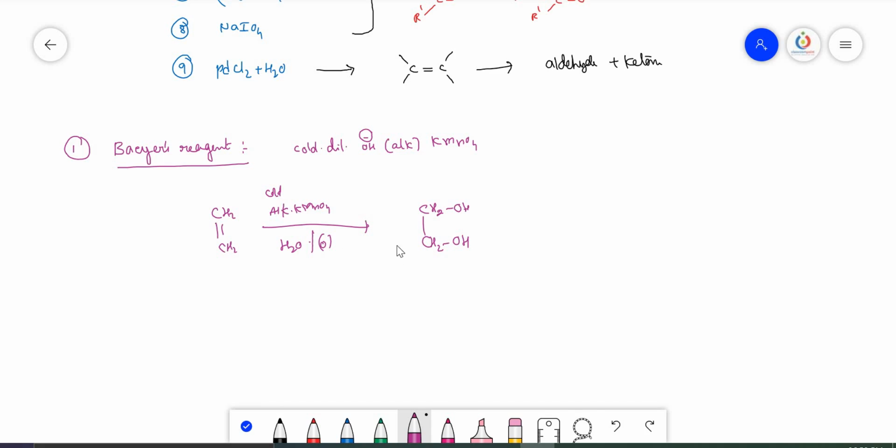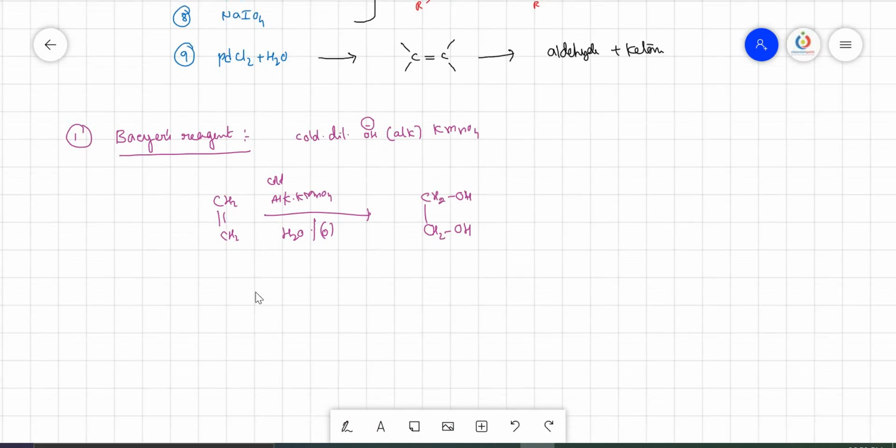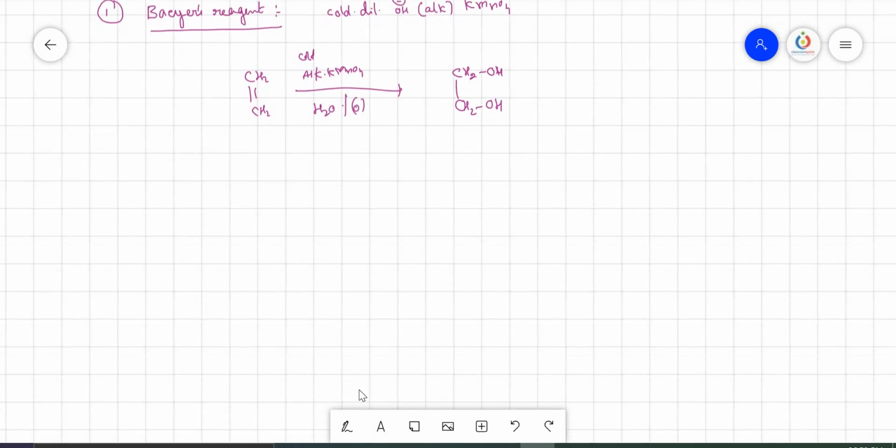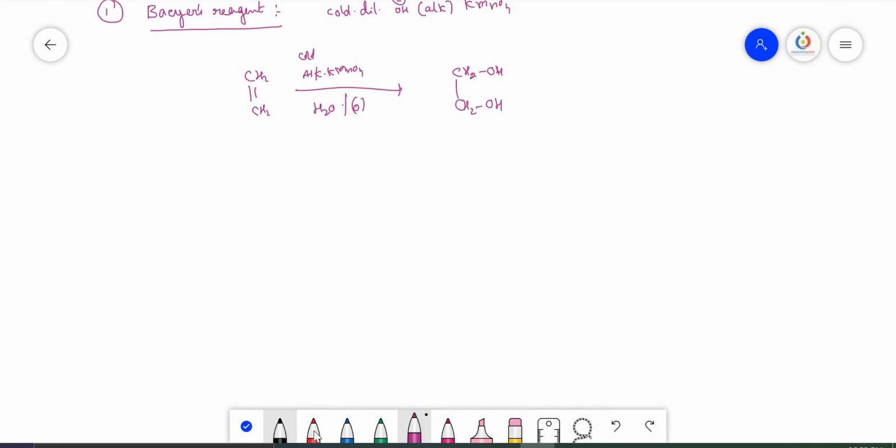This is called ethane-1,2-diol or ethylene glycol. Okay. Now let us take another molecule. CH3, CH double bond CH2, same reagent, put OH groups here.